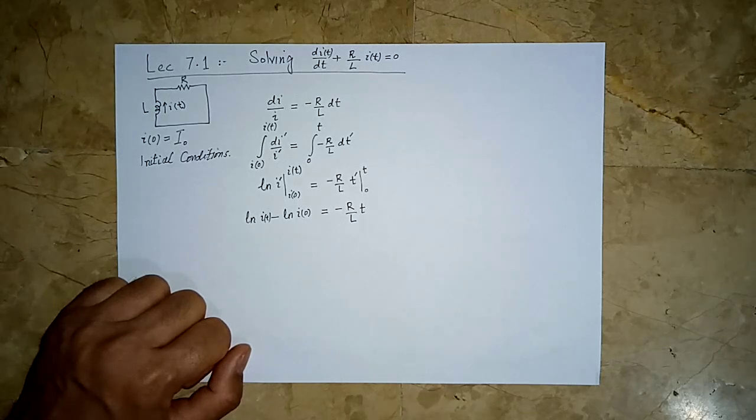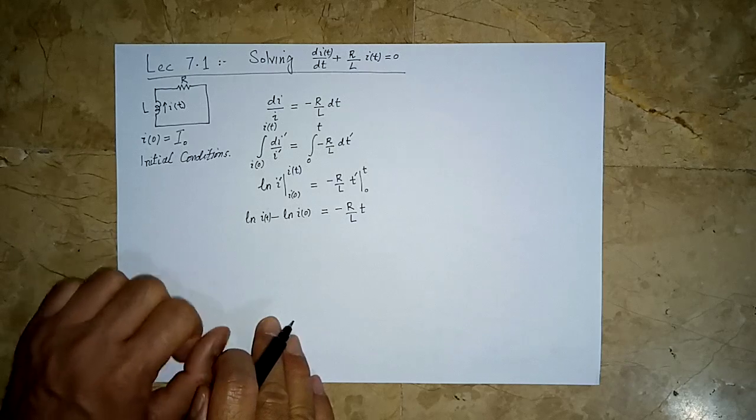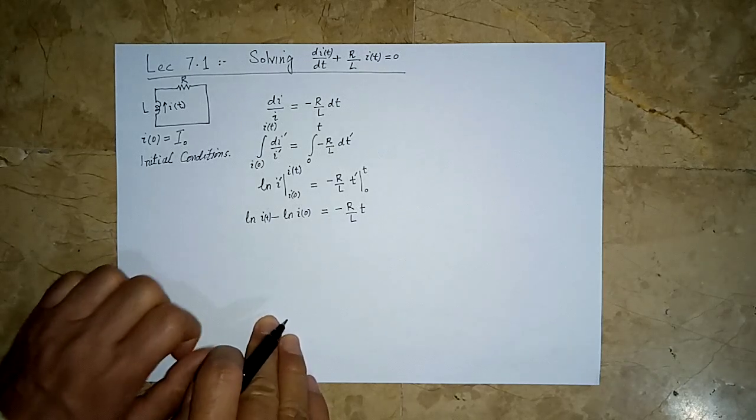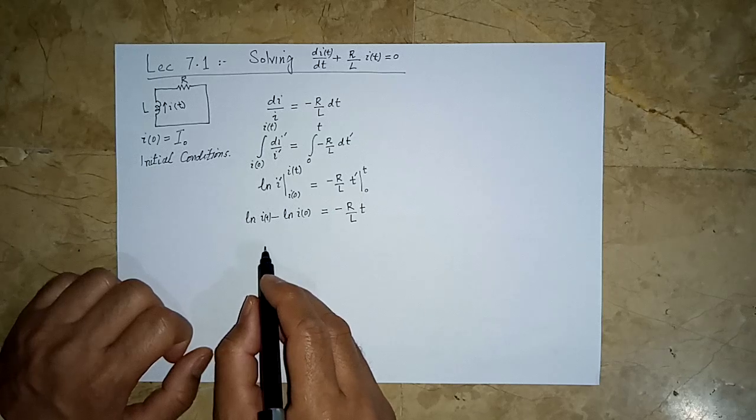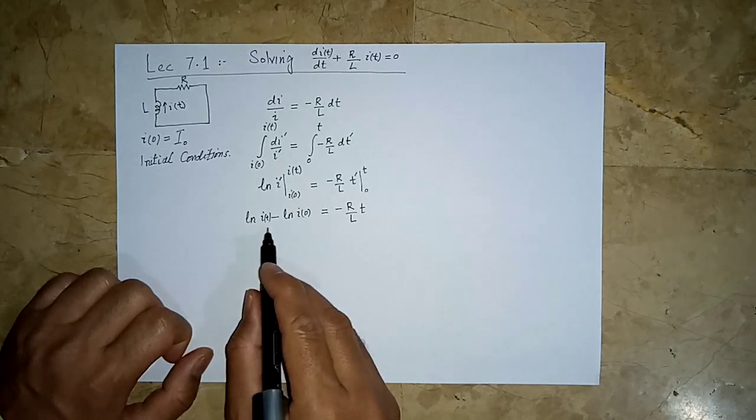Okay, so how to proceed and find the value of i here?